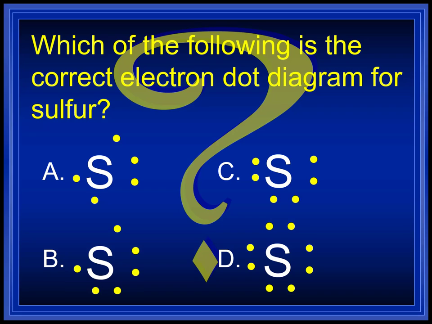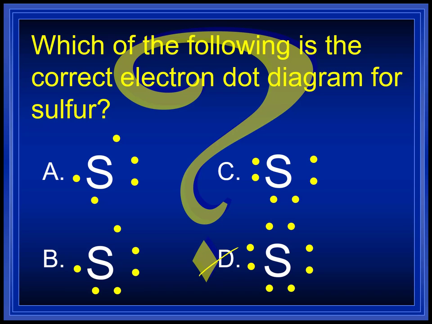Which one of these is the correct electron dot diagram for sulfur? Okay. So, which one can we eliminate right away?